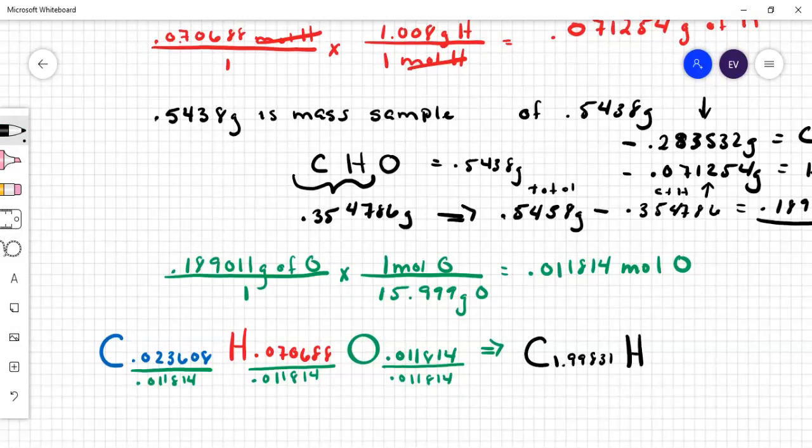Hydrogen ends up at 5.98341. Okay, and oxygen obviously ends up at 1.